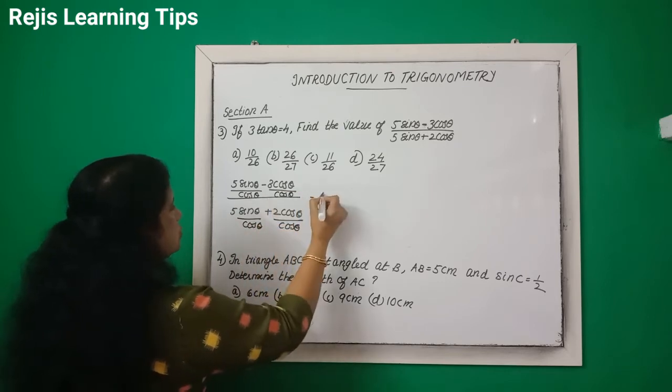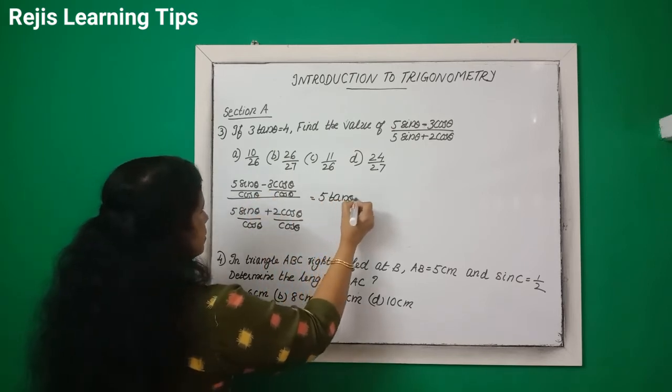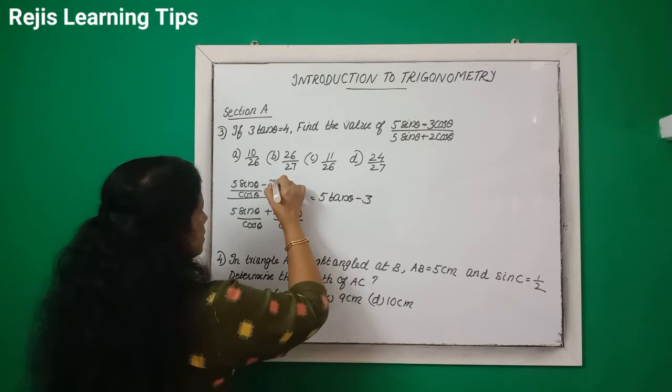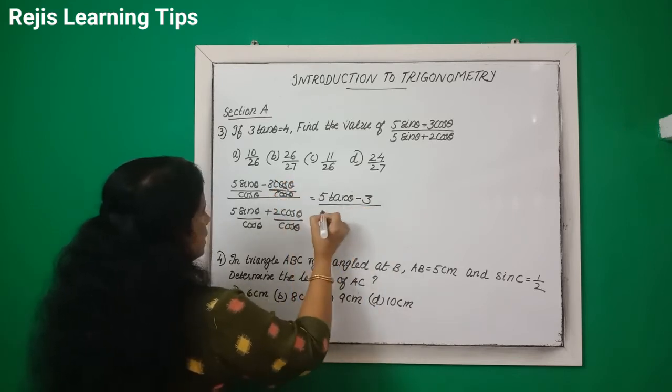Then 5 into sin theta by cos theta, that is tan theta, minus 3. We can cancel this cos theta and cos theta.